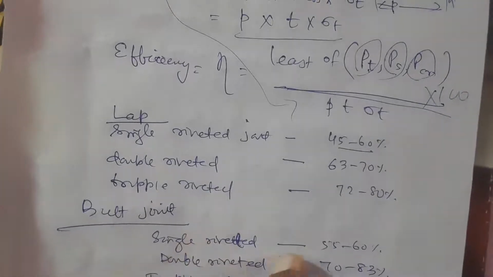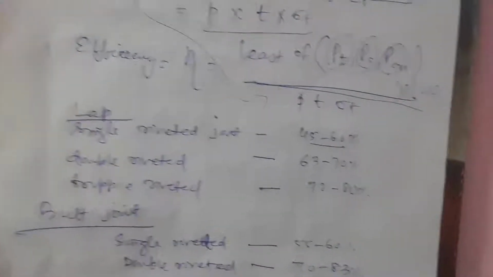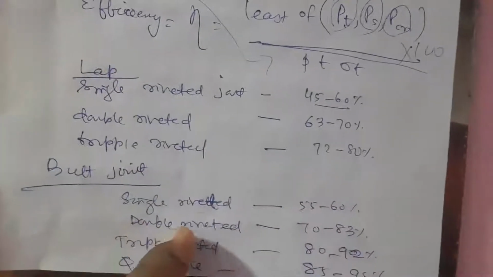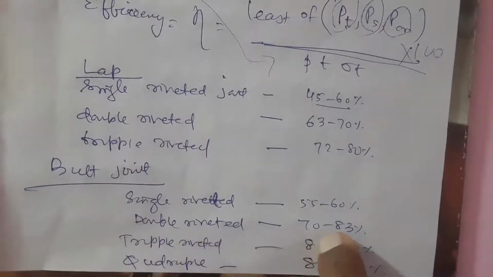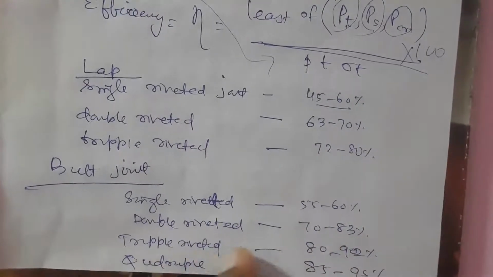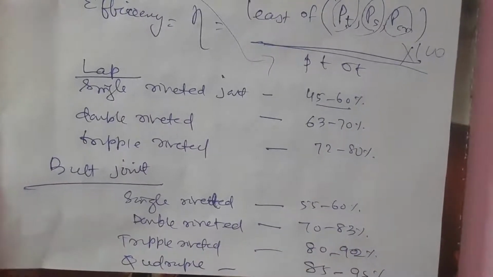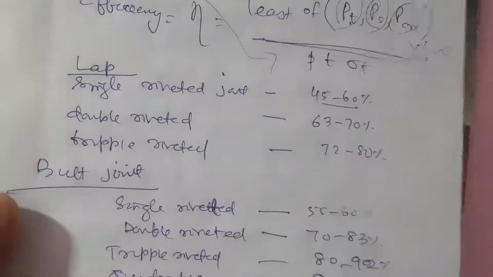Butt joints will have a little higher efficiency than lap joints. For single riveted it is 55 to 60%, for double riveted 70 to 83%, triple riveted 80 to 92%, and quadruple riveted joint 85 to 95%.